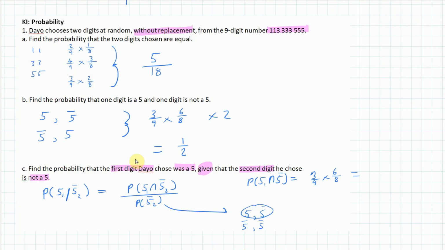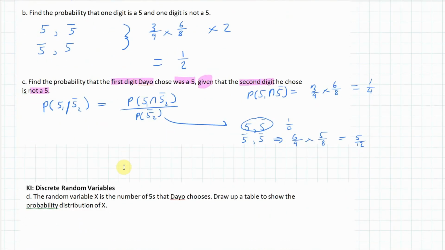Is that 1/4 times 6/8? That's 1/4. So we've got 1/4 there. And then this one here is simply not 5, which is 6 out of 9. And then the second one, 5 out of 8. And this gives us 5/12.